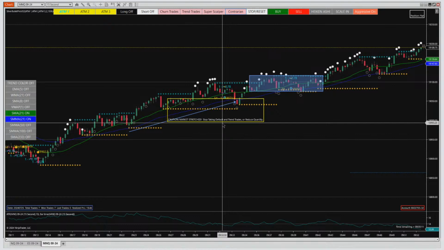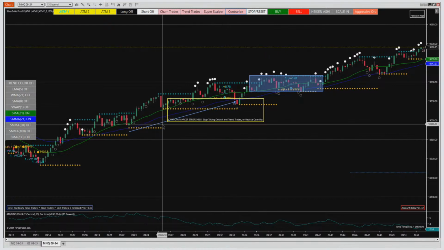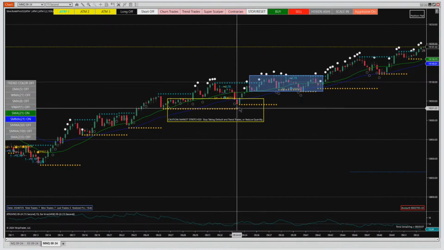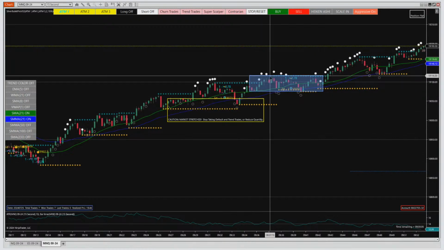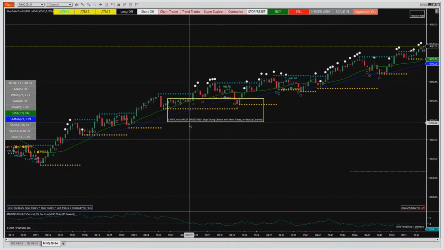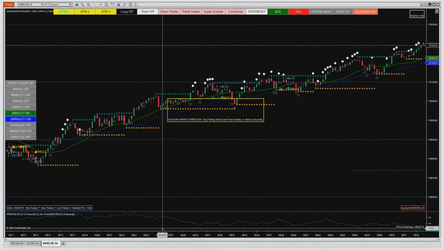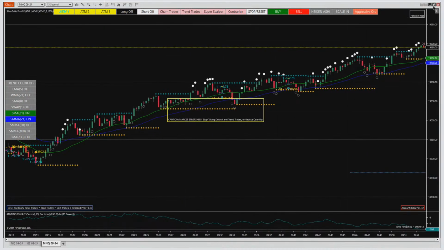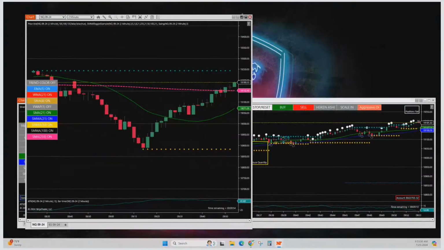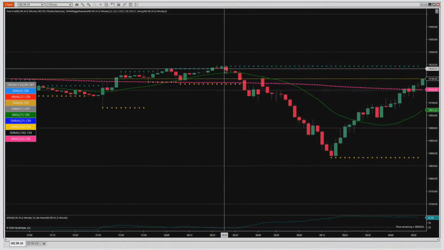So I want to take default trades now, but I'm getting a caution here that the market is stretched, which it is. The reason I say it stretched is, if you see, it's like a V-shaped recovery.